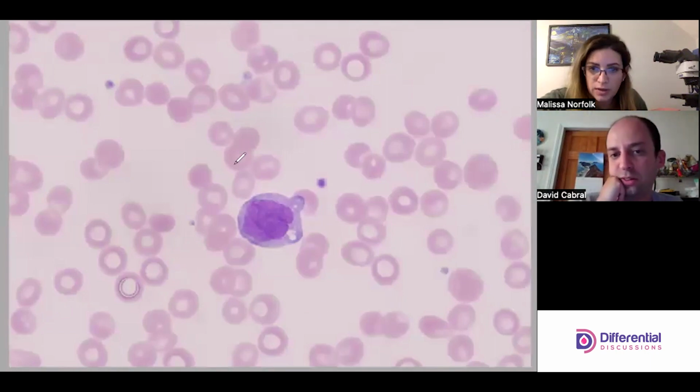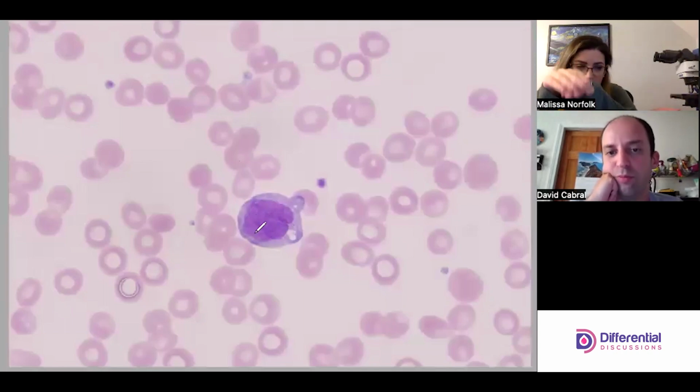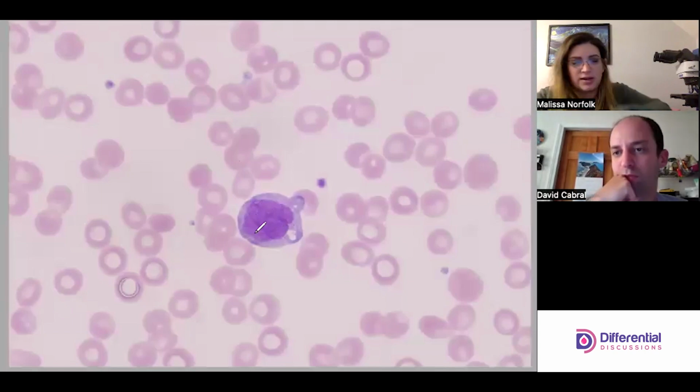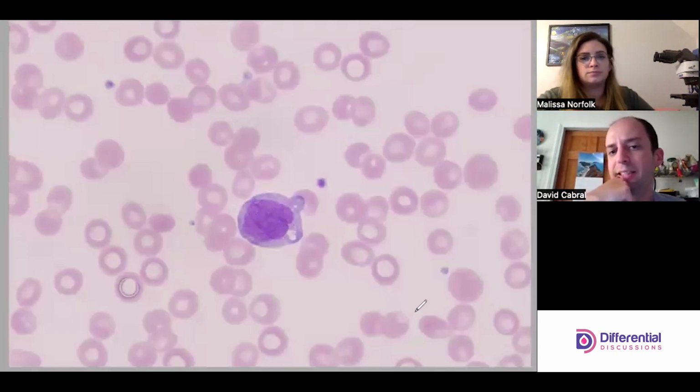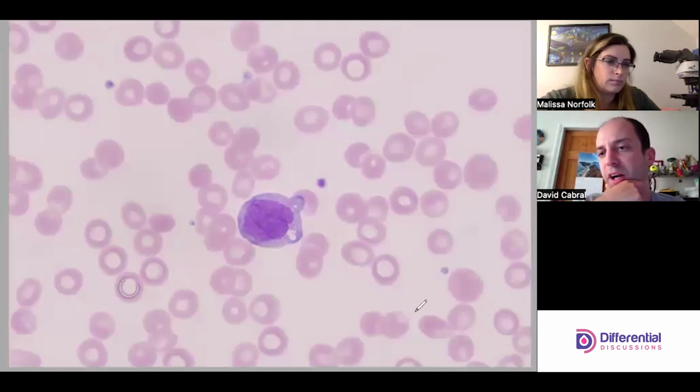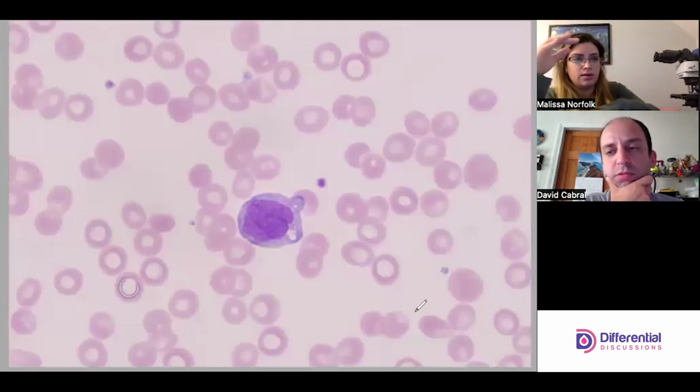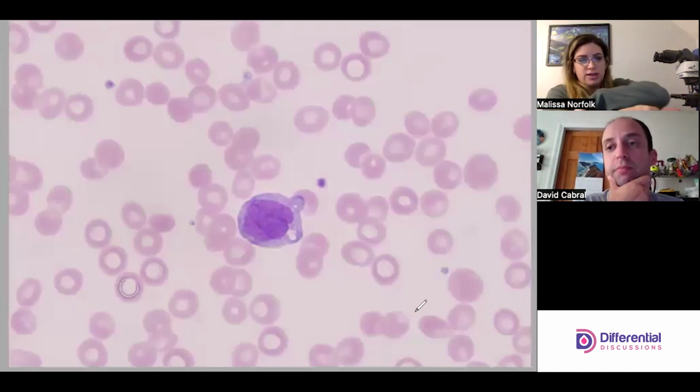This one looks like it's on top, and that one looks like it's squished underneath, so you just see a piece of it sticking out. I'd say that's somewhat unusual for me to see in a mono, although they're pleomorphic. Sometimes they'll squish and make shapes and do things.